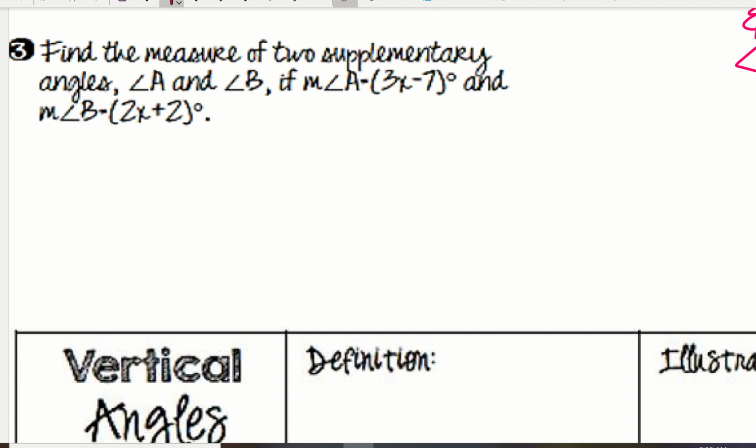So, what's my first step if these are supplementary angles? I want to set it up in the equation equal to 180. 3x minus 7 plus 2x plus 2 equals 180.